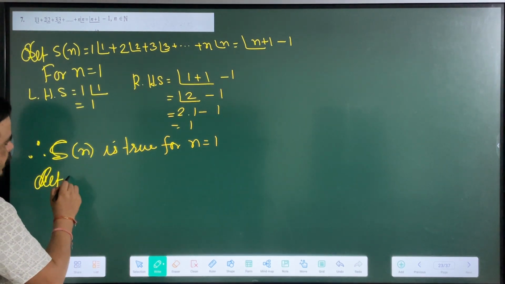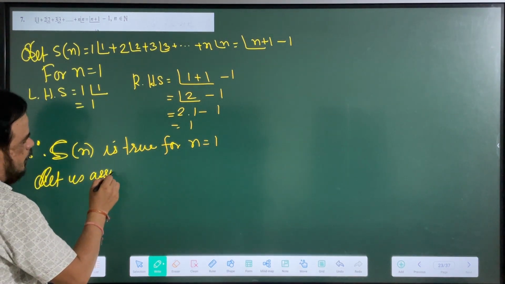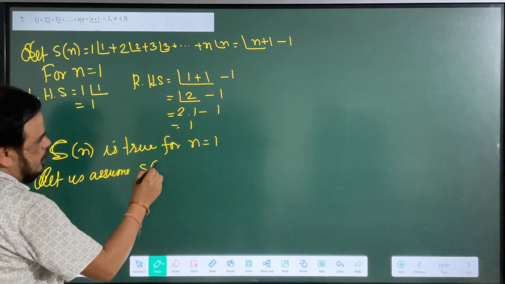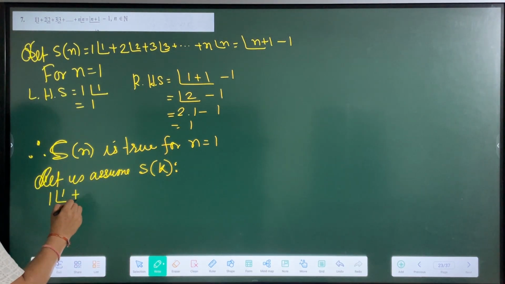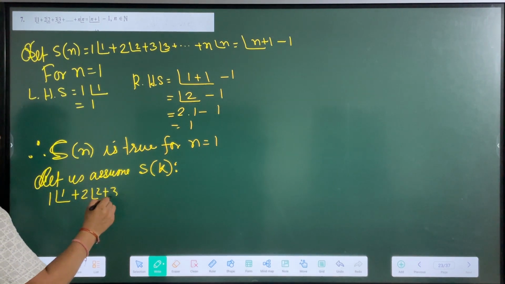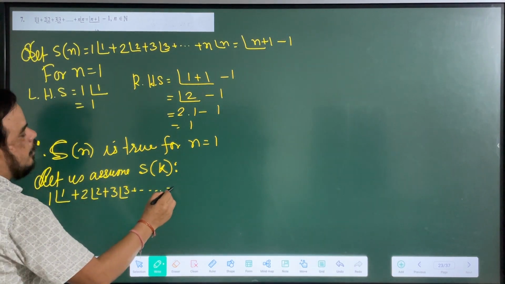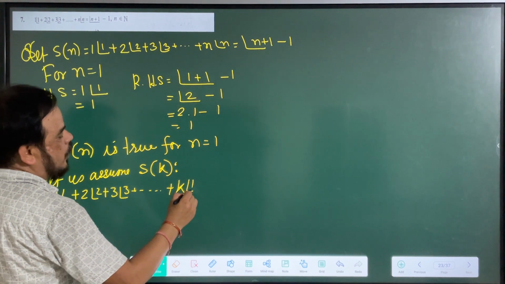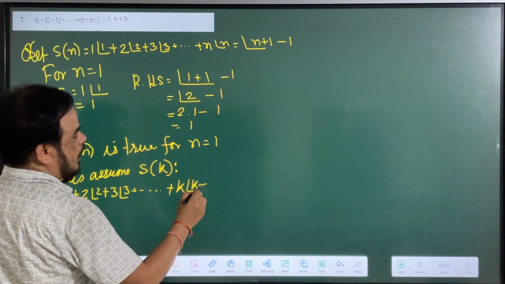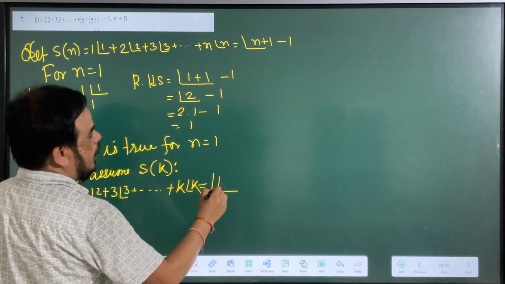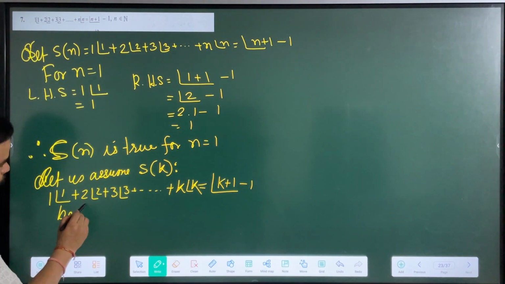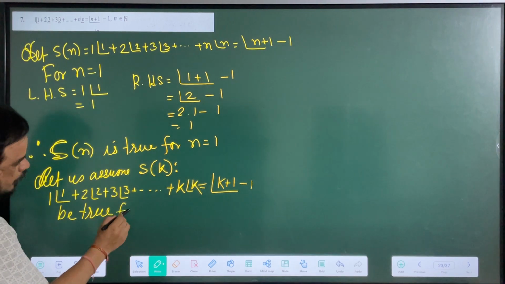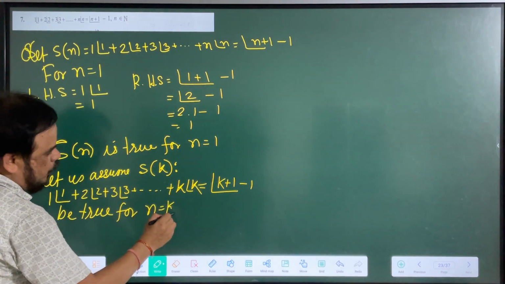Let us assume Sk: 1 factorial 1, 2 factorial 2, 3 factorial 3, up to k factorial k, equals factorial k plus 1 minus 1, be true for n equals k.